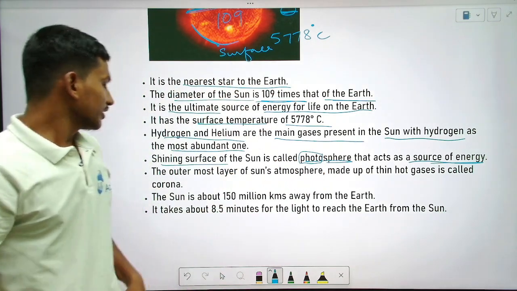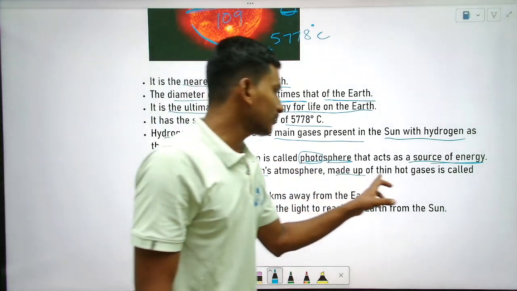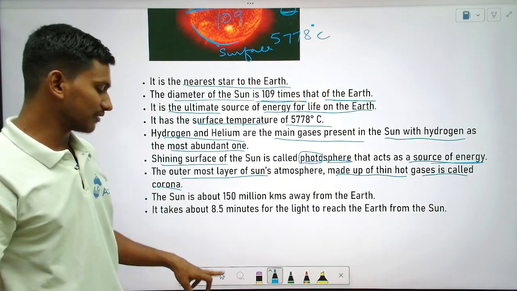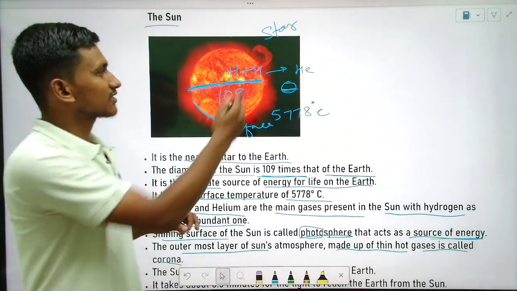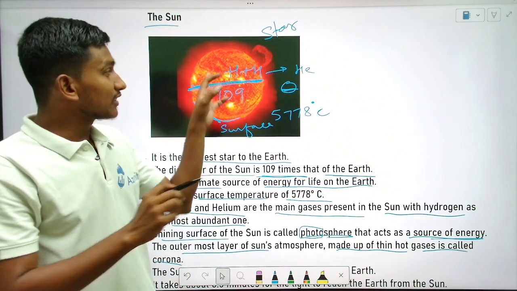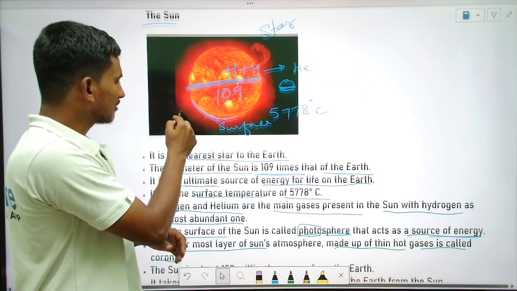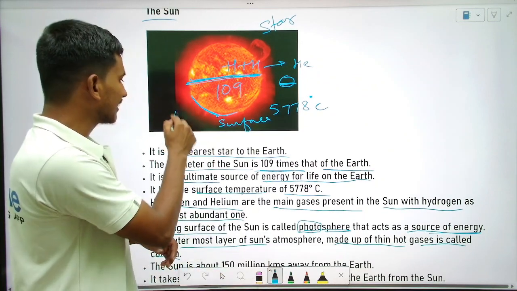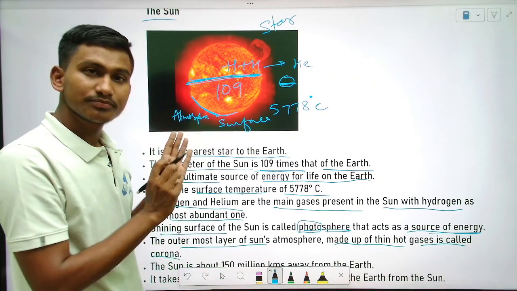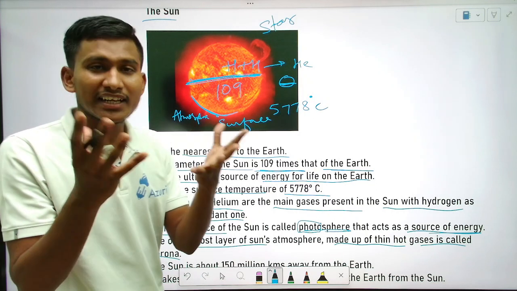Okay, good. The outermost layer of the sun's atmosphere, made up of hot gases, is called what? Corona. You may have seen it. See here, this is the corona. So this is the atmosphere, and you may see a little bit of red color, right? The atmosphere is just above the star, the sun. In this atmosphere there are gases.